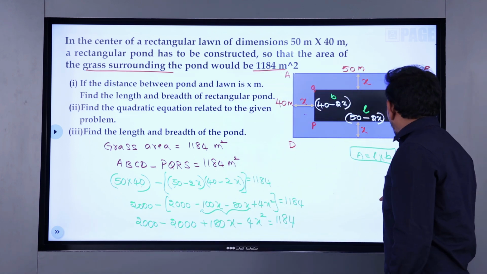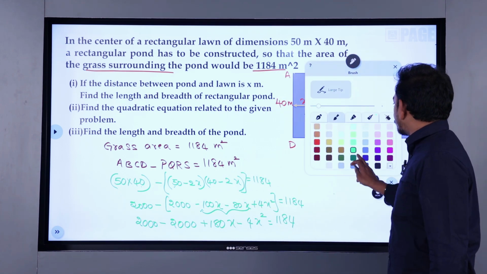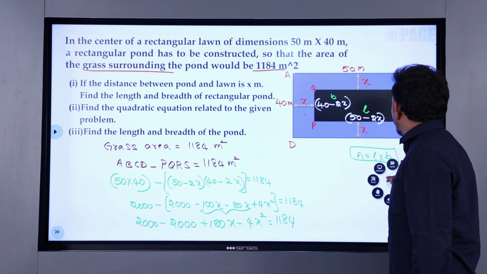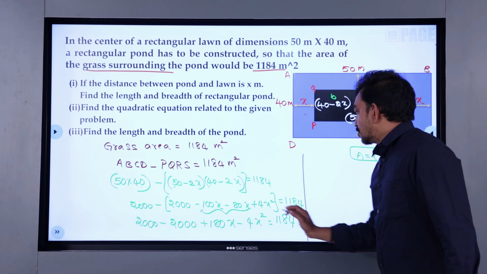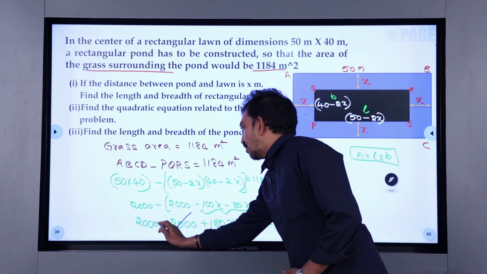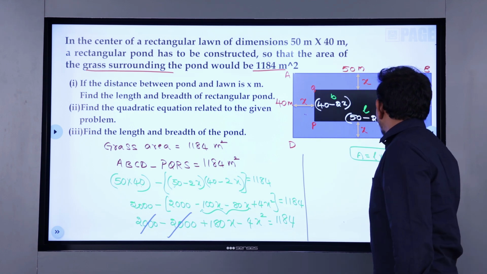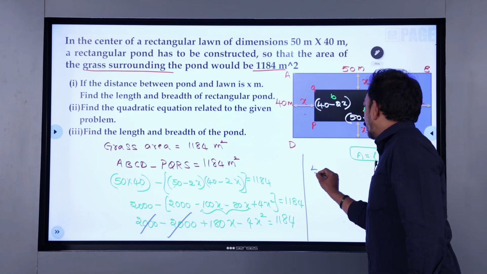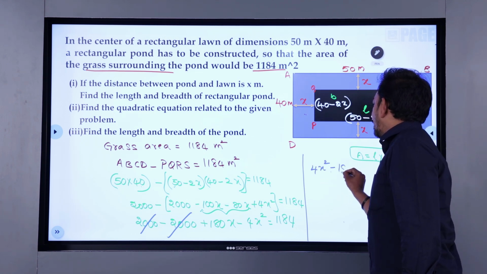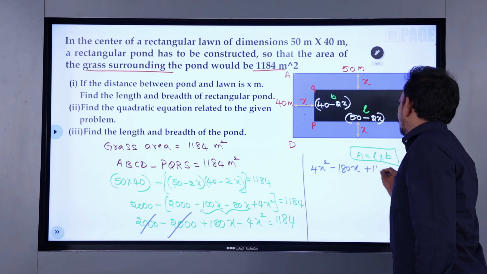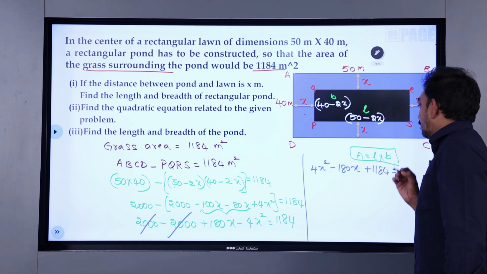Now coming to splitting the middle term. If we take this term to this side, we can cancel 2000, right? So this becomes 4x square minus 180x plus 1184 equal to 0.